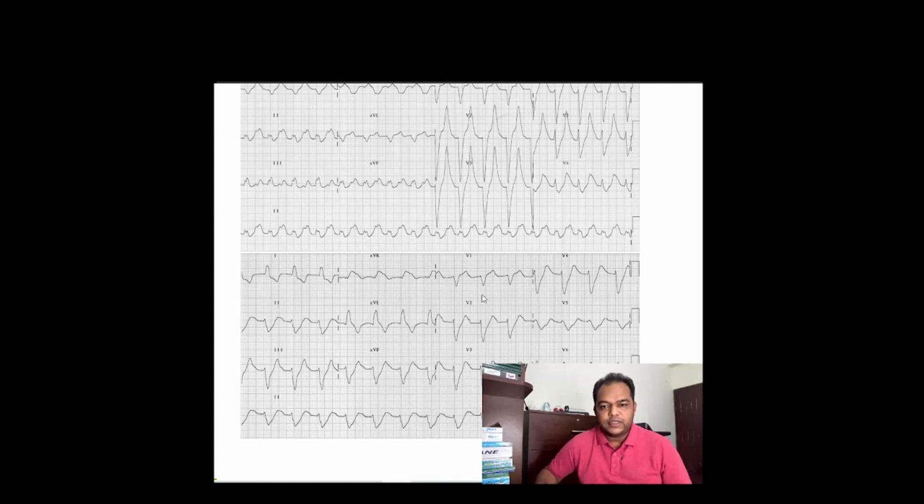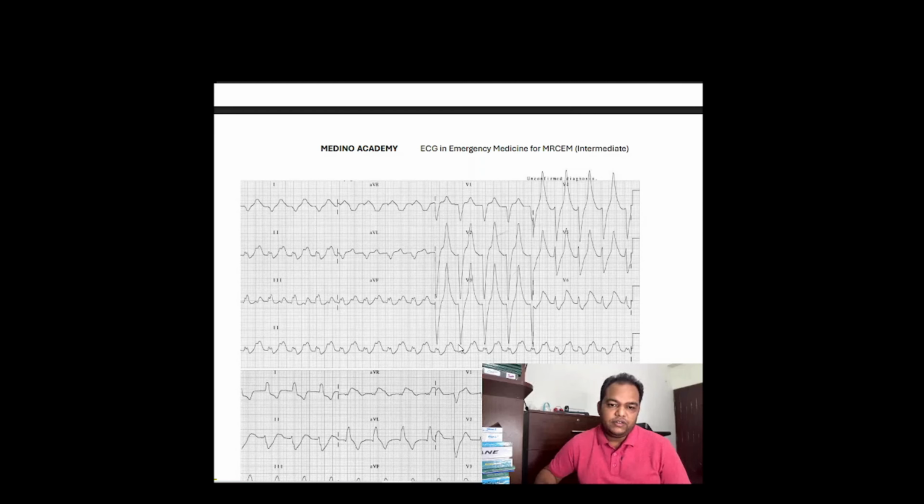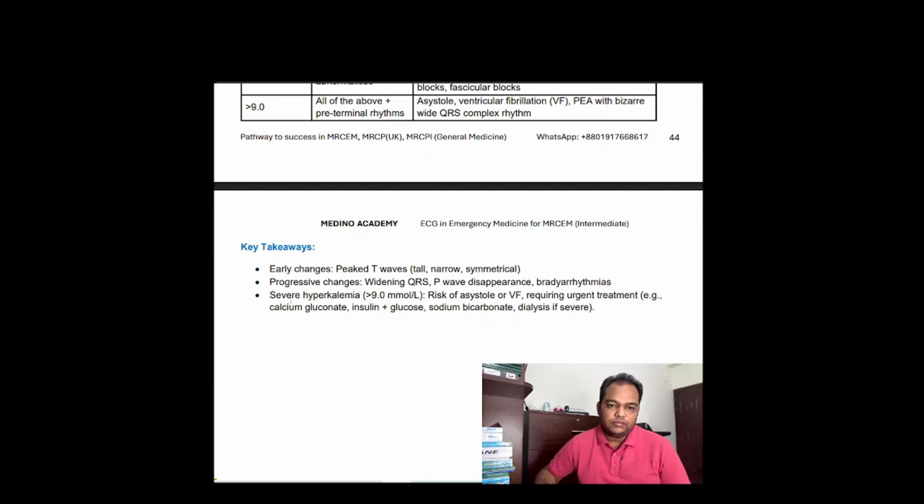This is the progressive feature, and the tall peaked T wave is the first appearing feature of hyperkalemia in ECG.